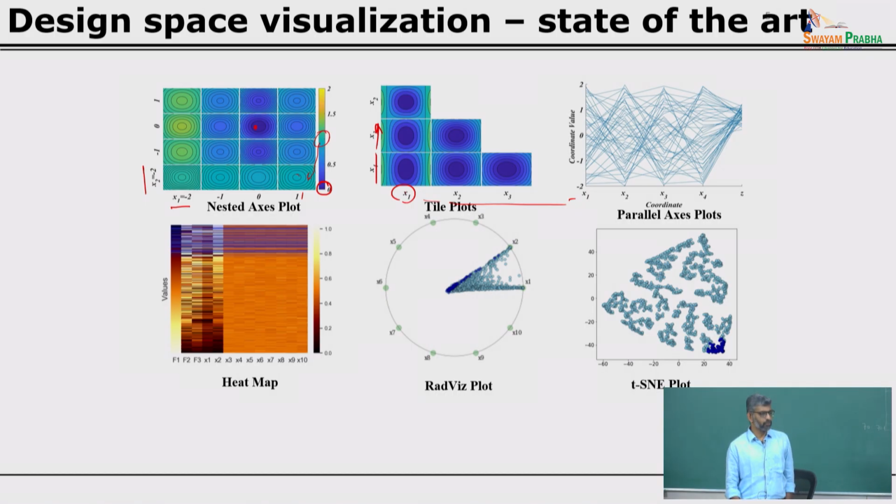And it also does not tell you what happens if I am going to change X3, right. So fixing X1 and varying X4, but if I am going to change X3, I do not know what is going to be the variation with respect to X1 and X3. That is a major challenge. Then this parallel axis plot is great. It is typically used in software like Tableau or business intelligence, BI and all that.